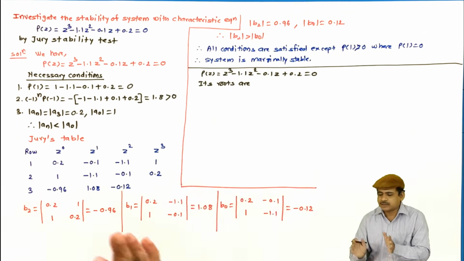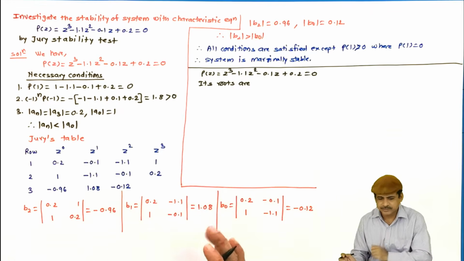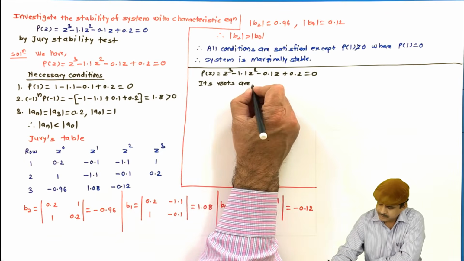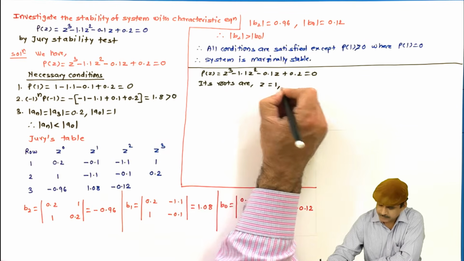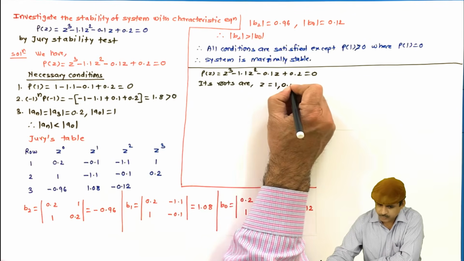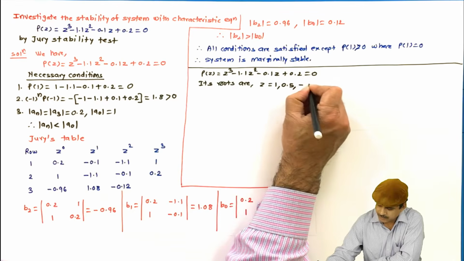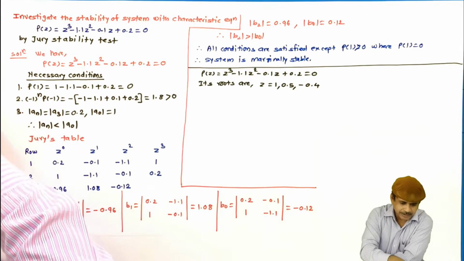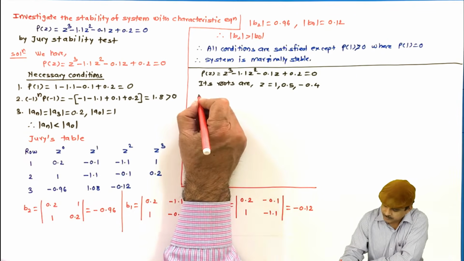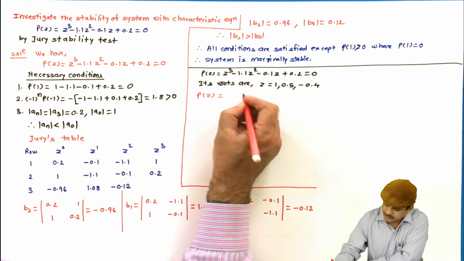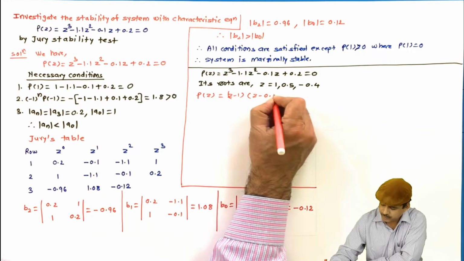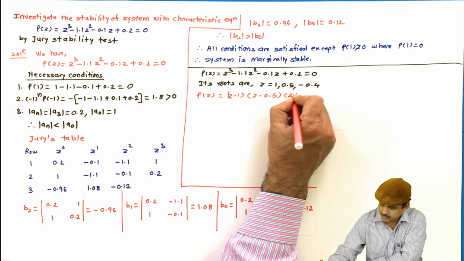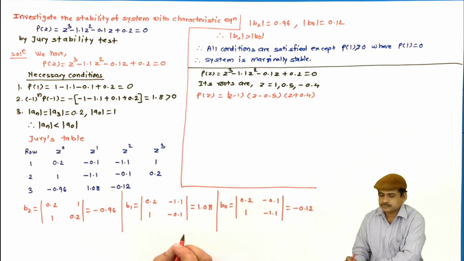If your calculator does not have this facility, you can go by synthetic division. Its roots are Z equal to 1, then 0.5 and -0.4. And that means P(Z) = (Z - 1)(Z - 0.5)(Z + 0.4).